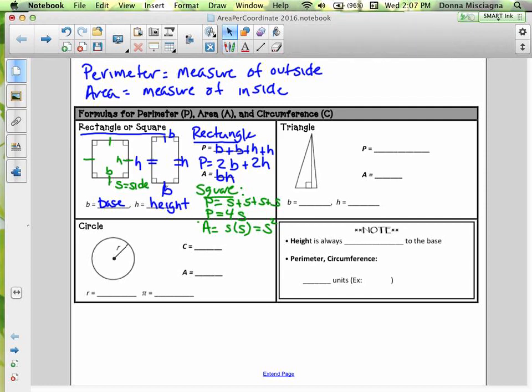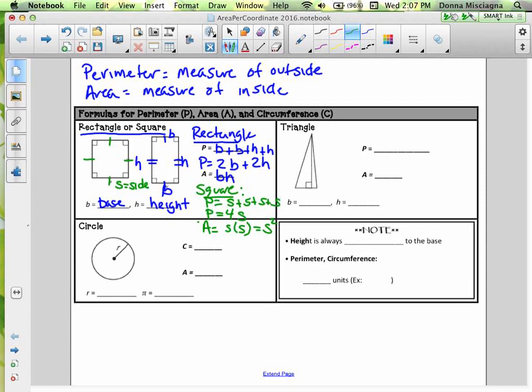So basically you're doing the exact same calculations, it's just since they're all exactly the same measurement, we don't differentiate between one side and the other. And so we just add all 4 sides, or just multiply one side by 4 to get the perimeter, and you just multiply one side by itself, or square the side. It's a square, you square the side to get the area. Okay? So that's how we find the area of a rectangle or a square. Pretty simple, right?